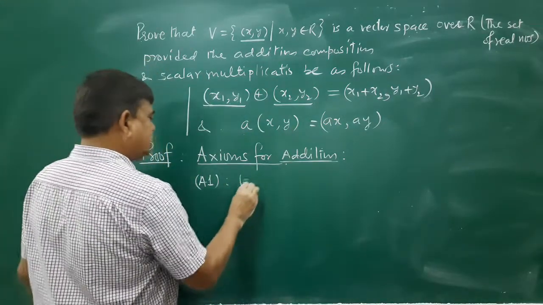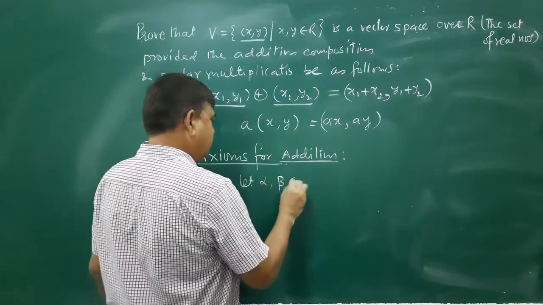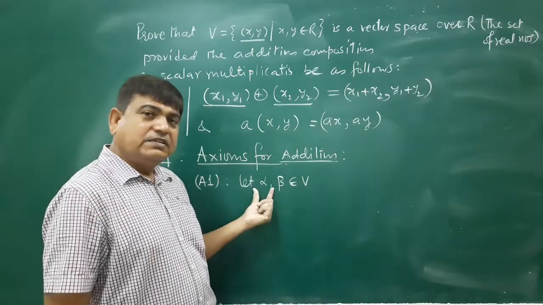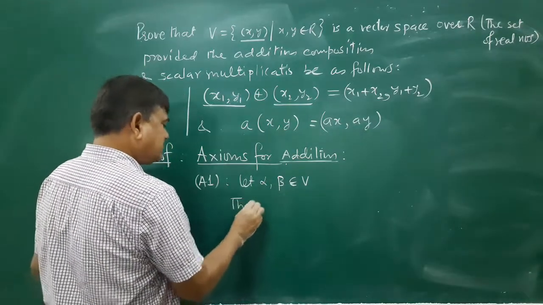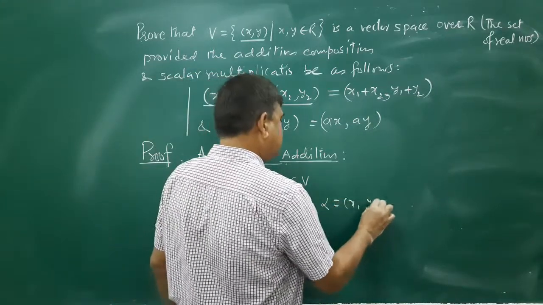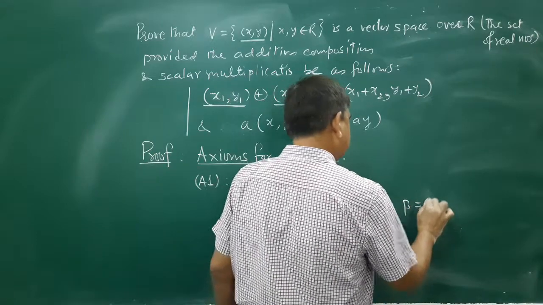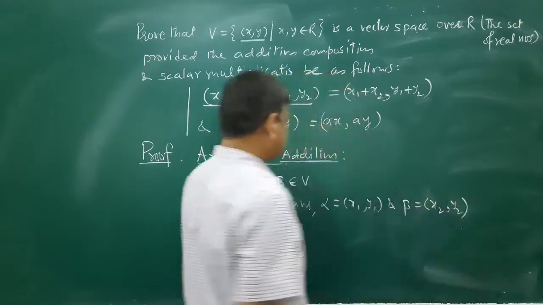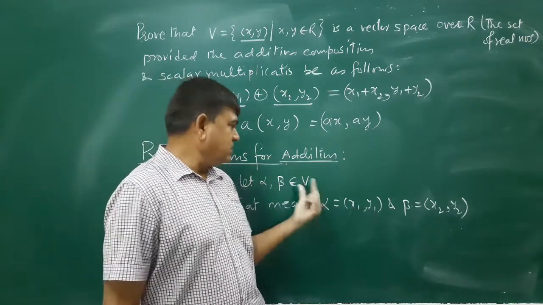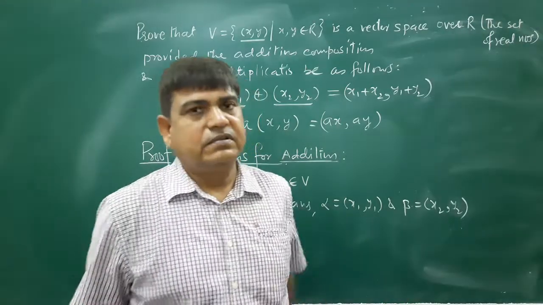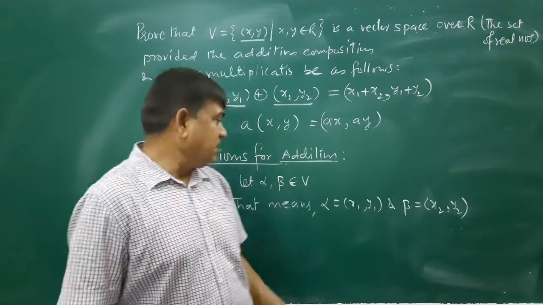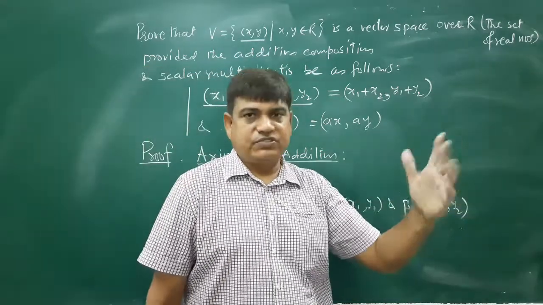First, let alpha, beta belong to V. That means alpha is X and Y, and beta is X and Y. What's the nature of alpha? What's the nature of beta? Pair. If it is x comma y comma z, then we write x1 y1 z1, x2 y2 z2 and so on.